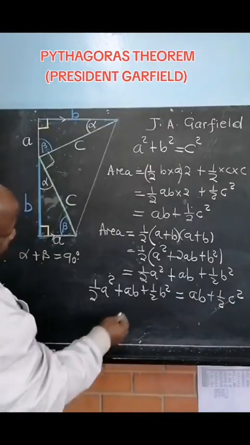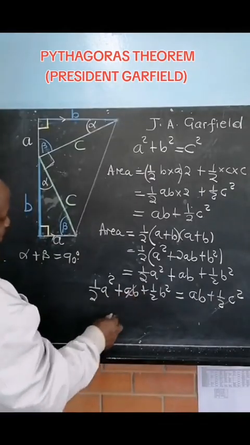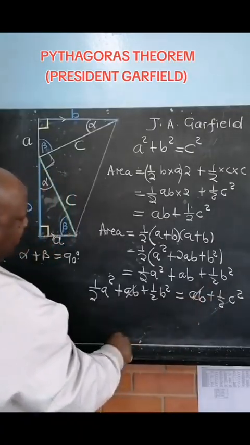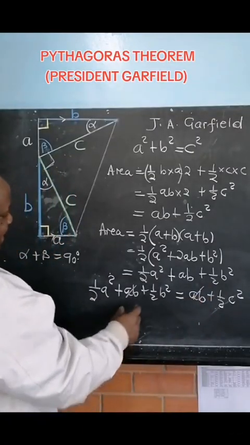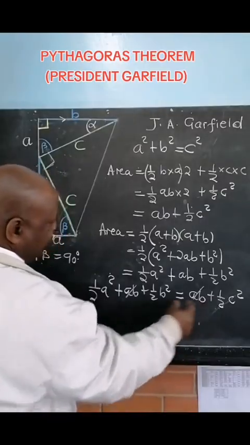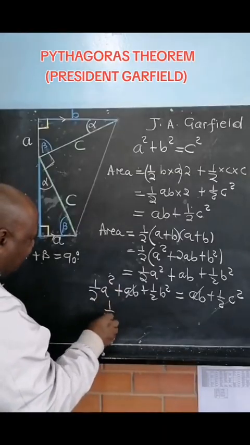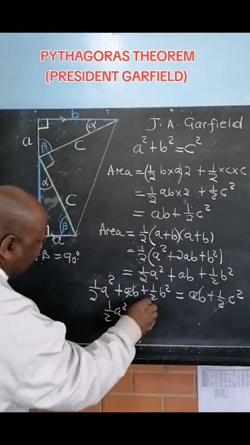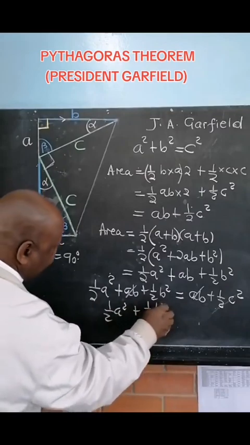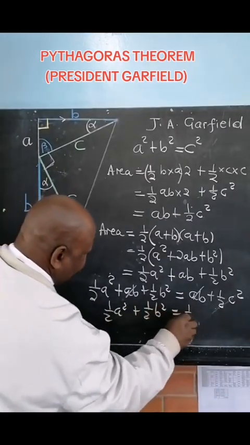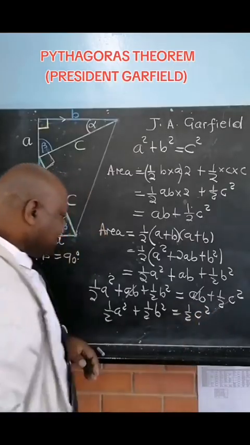But we notice that we've got ab on the left and ab on the right. If I were to take ab that side, it would be ab minus ab. So I remain with half of a squared plus half of b squared is equal to half of c squared.